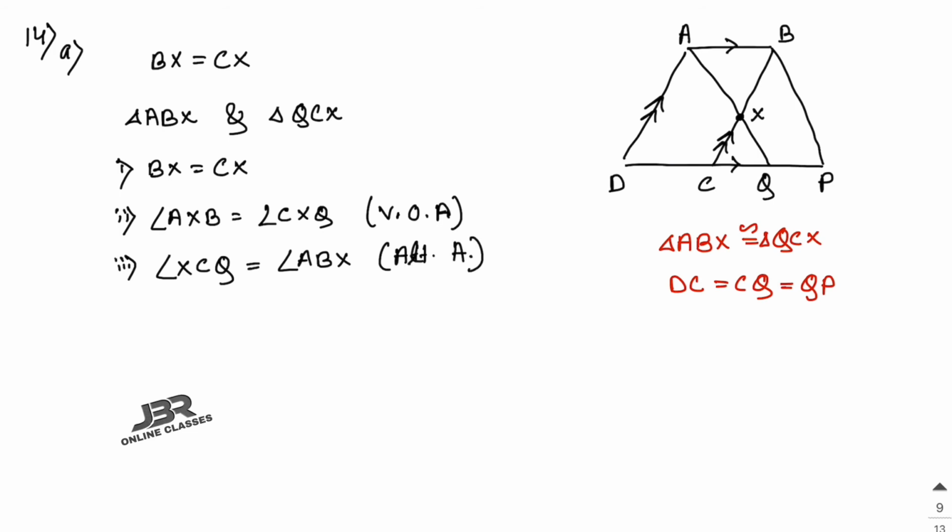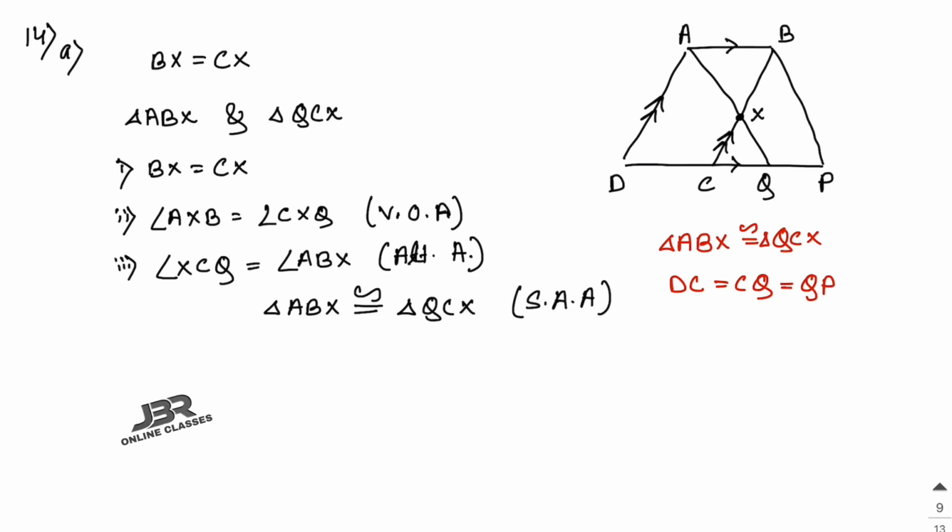As here AB is parallel with PD, or CQ, you can write down. So that means triangle ABX is congruent with triangle QCX by side angle angle rule.